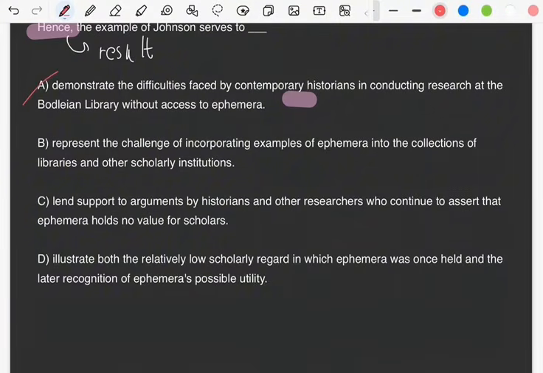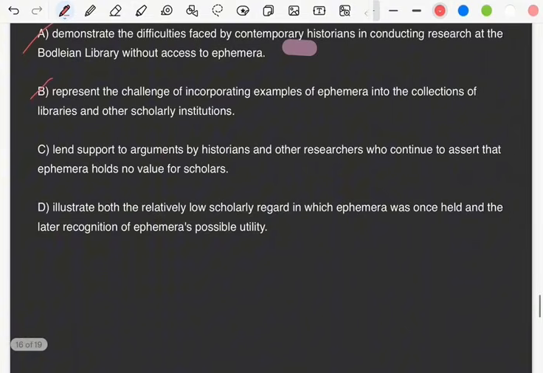The next one is represent the challenge of incorporating examples of ephemera into the collections of libraries and scholarly institutions. The passage never mentions that it was challenging to incorporate ephemera into libraries. It just says it took time. So there is no discussion of difficulty, so I'm going to eliminate this option as well.